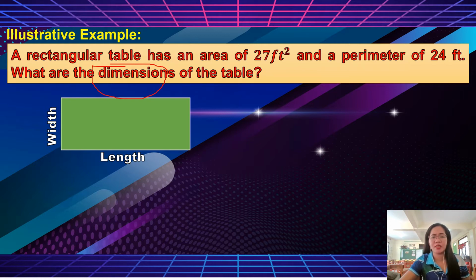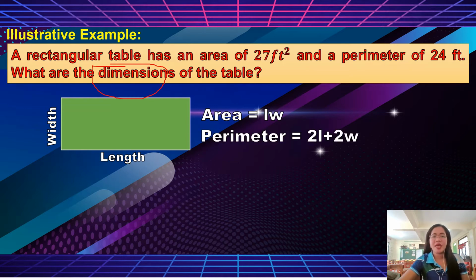Before we proceed to its solution, let's try to recall the formulas for area and perimeter, because the area and perimeter are given in our problem. So the formula for area is length times width, and the perimeter is 2 length plus 2 width.